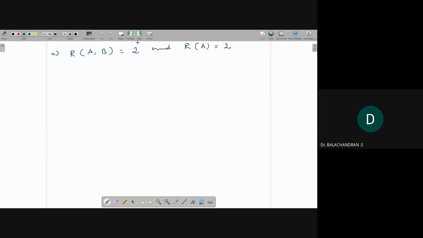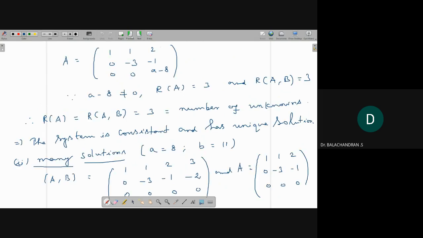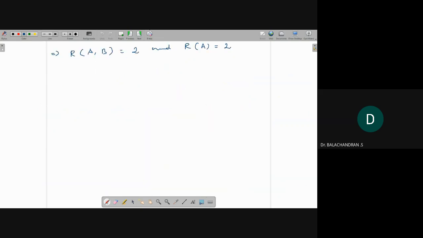So now here rank of A comma B equal to 2 and rank of A equal to 2. Therefore rank of A comma B equals rank of A equals 2, which is less than 3, and 3 is the number of unknowns. So therefore the given system is consistent but has infinite number of solutions.